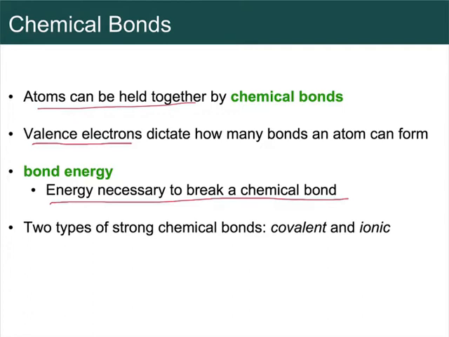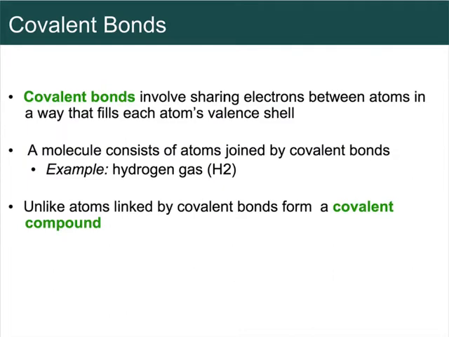Now the two types of strong bonds we're going to talk about are covalent and ionic, and that's what we're talking about next. Covalent bonds. Covalent: co means to share, right? Valent is the outer energy level. So it's the sharing of electrons between atoms to fill the atom's valence shell. All atoms want to have filled valence shells, though we don't always have them.